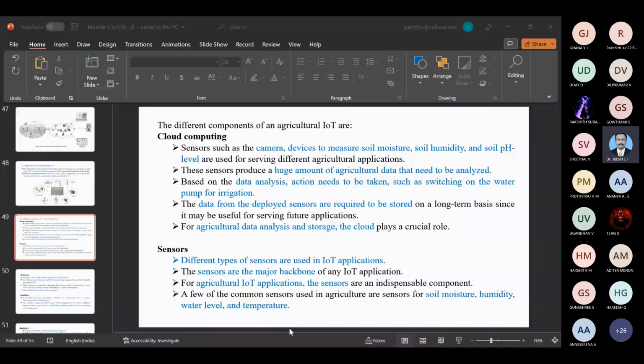All those things make sure that what is required for the crop is available in that land for it to develop. Okay.